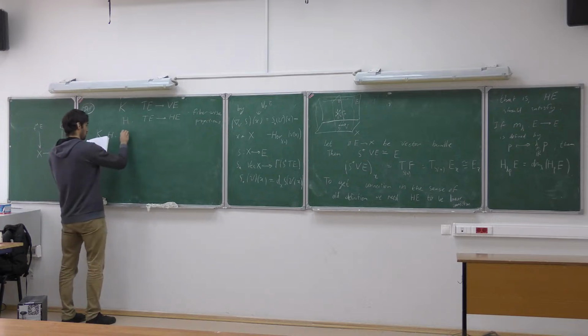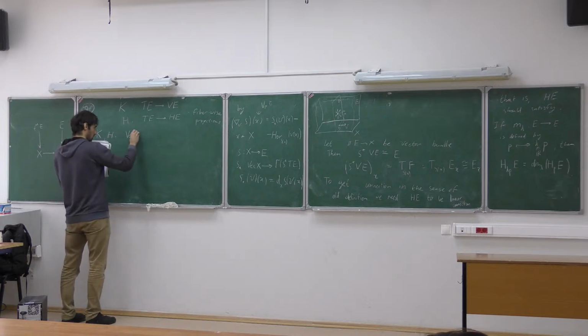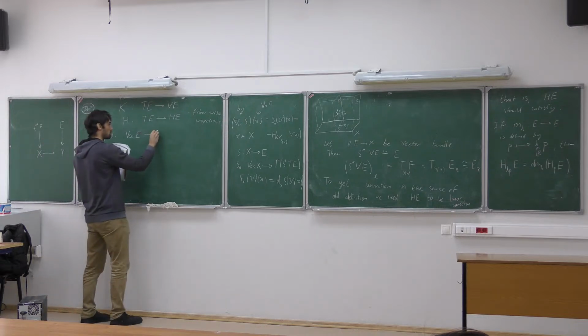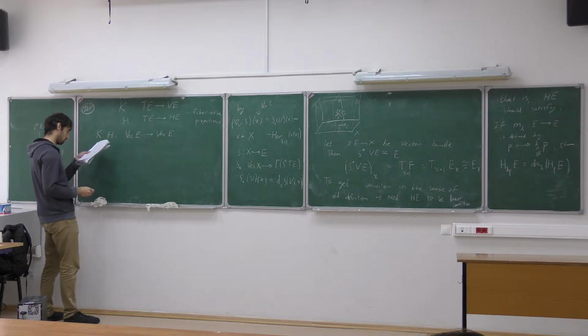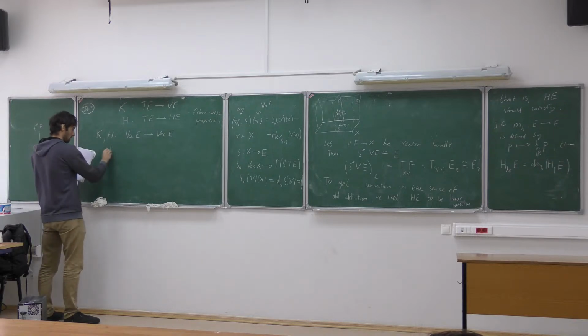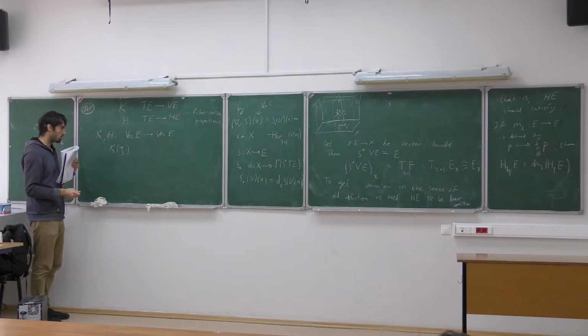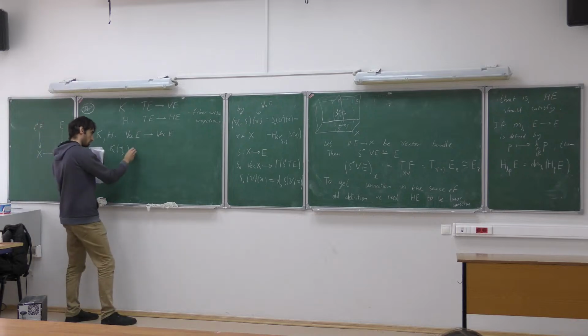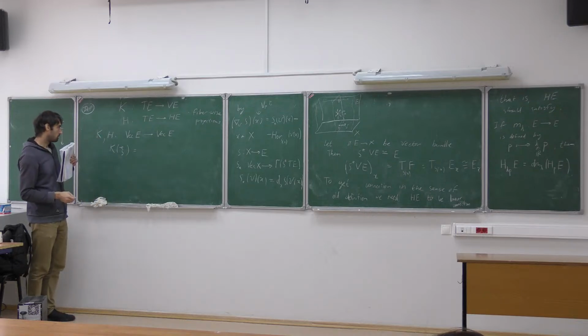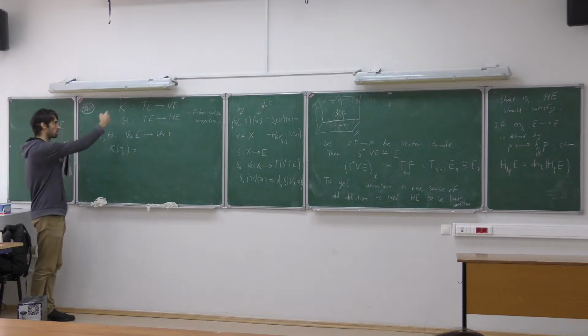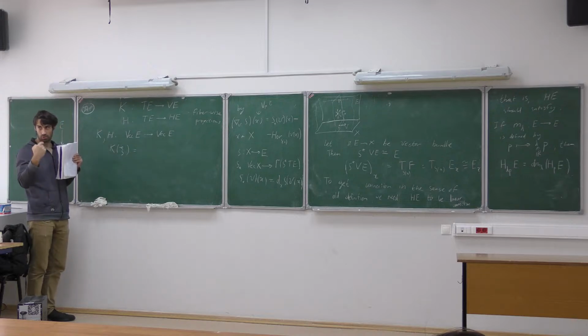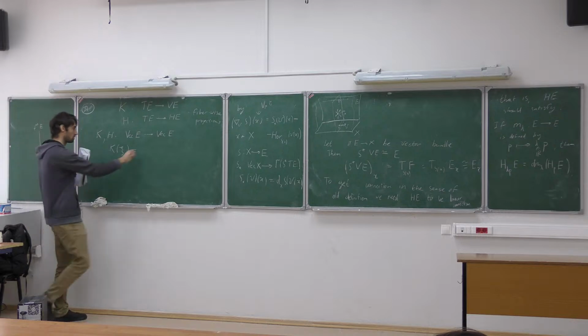So these are maps on vector fields on E to vector fields on E. Basically, if I have a vector field on E, say xi, I can look at it as a map from E to TE, and I can compose it with K. And this will be another map from E to TE, so another section.